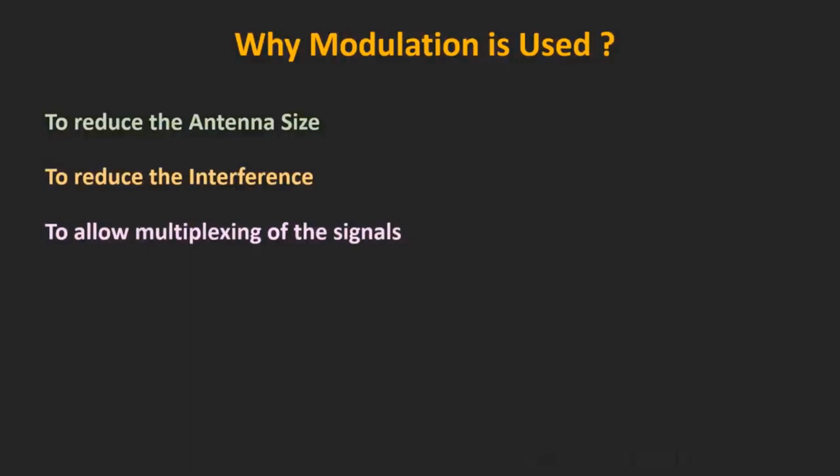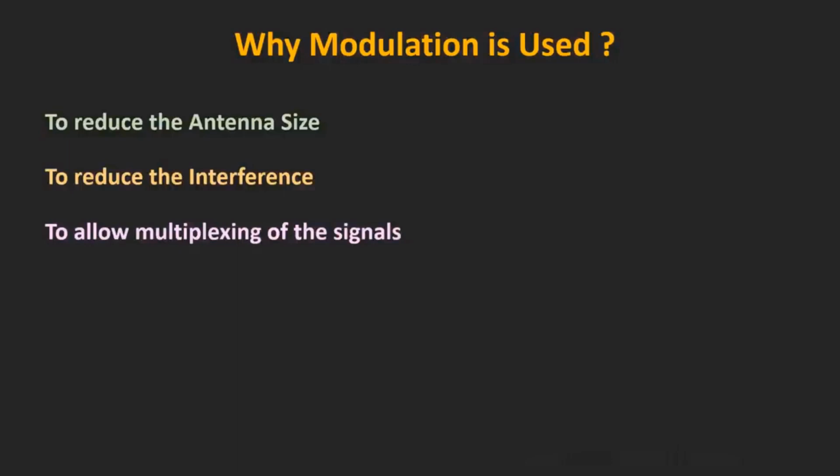Here you look at the frequency, there are 5 different frequencies transmitted through a common channel, and if we properly modulate them, then it is easy to recover the original signal.